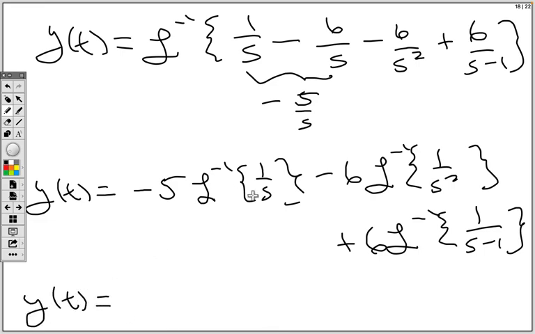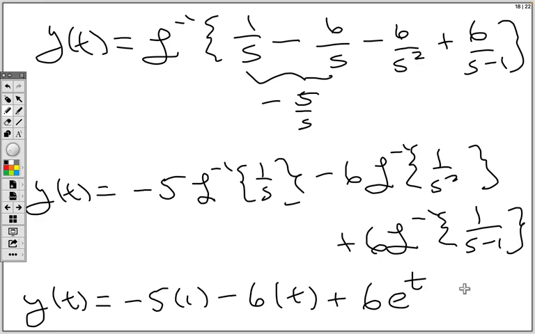So now we do the inverse Laplace. So what's the inverse Laplace of 1 over s? That's just 1. So that's minus 5 times 1. Minus 6 times, what's the inverse Laplace of 1 over s squared? t. Good. And finally, what's the inverse Laplace of 1 over s minus 1? e to the 1t, or e to the t.